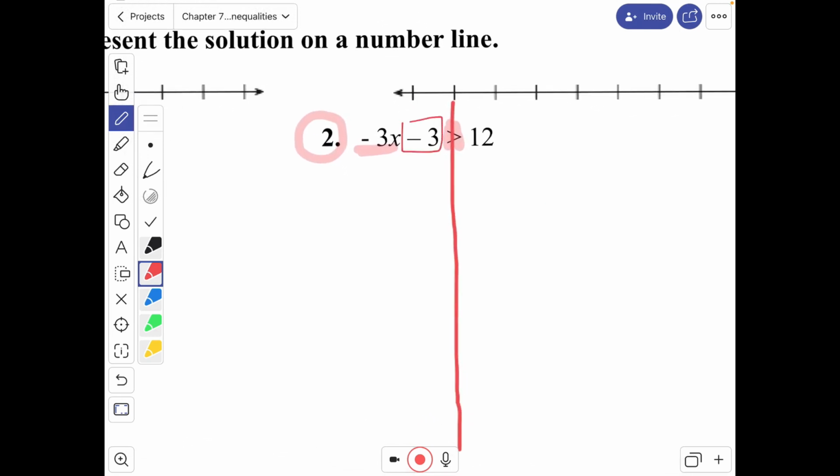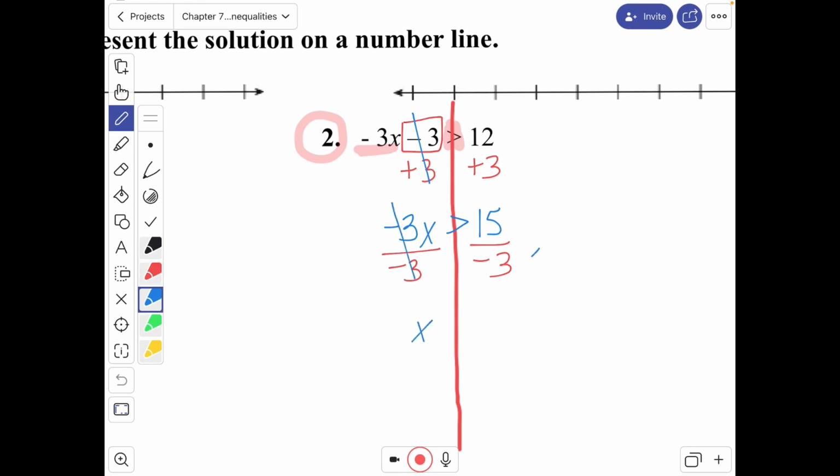So the opposite of -3 would be +3, which makes the 3's cancel, and the only thing that comes down is -3x greater than 15. And then we want to undo the multiplying by -3. So we divide by -3 on both sides.